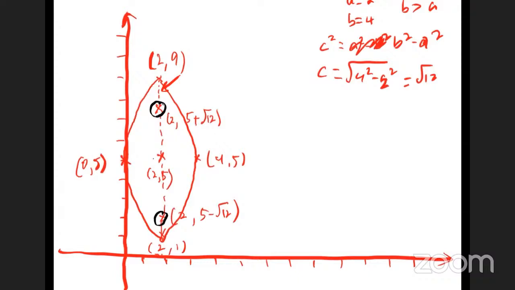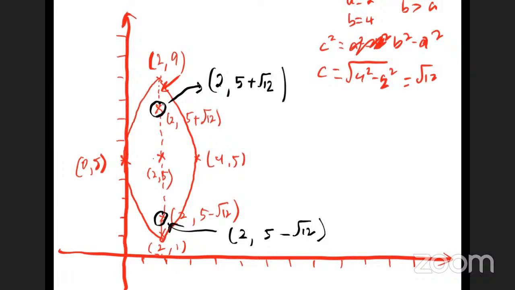So the foci is 2 by 5 plus C. C was root 12. And here is 2 by 5 minus root 12. That's all it's saying there.